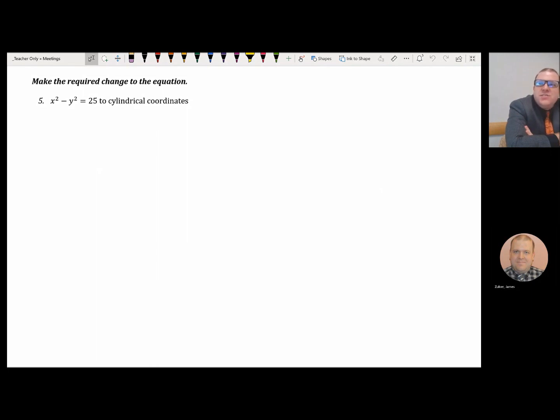But we have 6 relations, right, dealing with rectangular and cylindrical. We know that x is r cosine of theta. We know that y is r sine of theta.